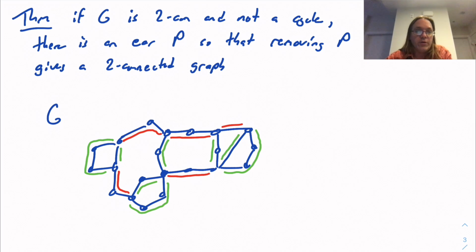And the red ears, if you remove them, you will be left with a graph that is not 2 connected. The green ears, if you remove them, you will be left with a graph that is 2 connected. And so in this red-green context, our theorem is telling us that, in fact, every 2 connected graph always has at least one green ear, at least one ear that you can remove, so that the resulting graph is 2 connected.